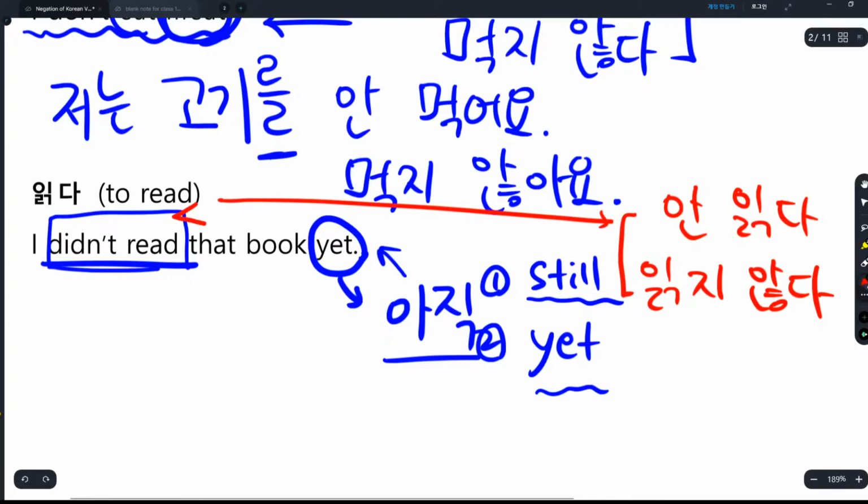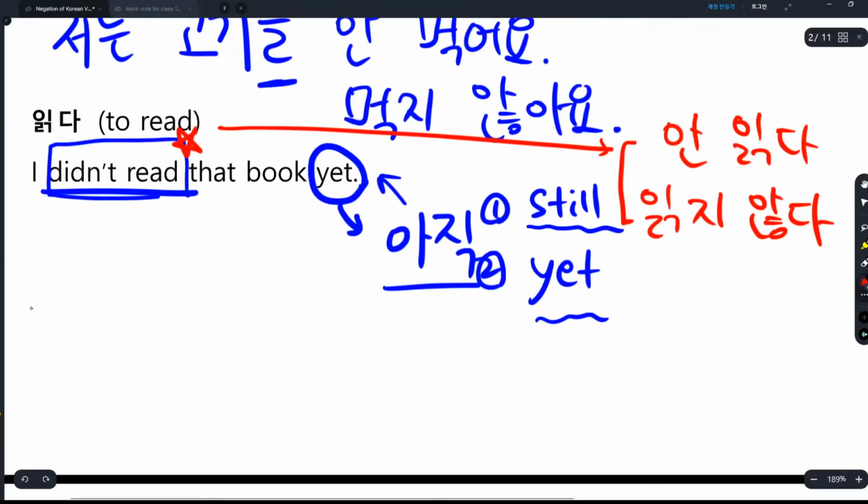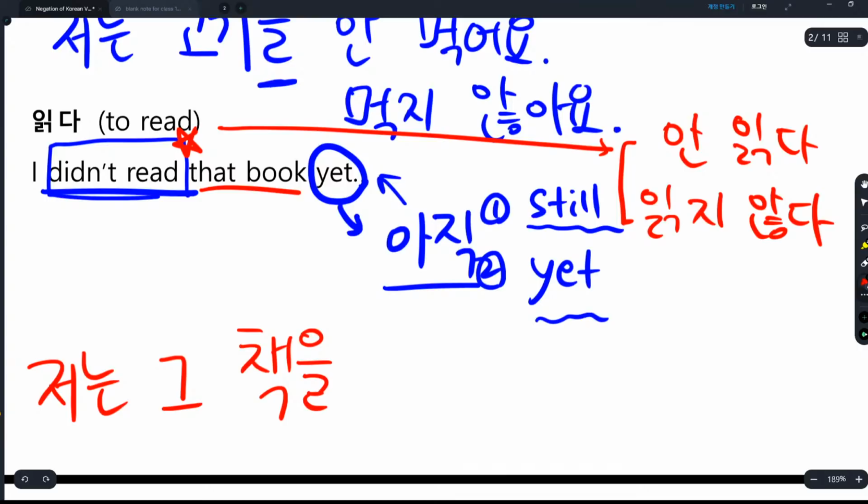But if you want to conjugate it in past tense, let's try translating the whole sentence. 저는 that book, 그 책, and mark it with the object marker, 그 책을. Where you place the adverb is also one of the commonly asked questions. Adverbs in Korean are placed in the front part of the sentence as much as possible, but it's not like there's a fixed spot it has to be put.